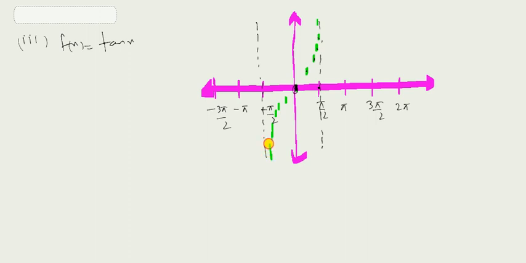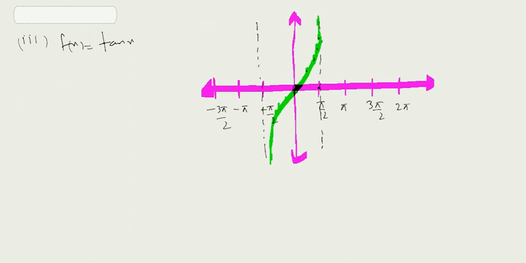Okay, so now if I join the points, look at the graph, how it will look like. It will never touch the line which is x equals pi by 2, right?